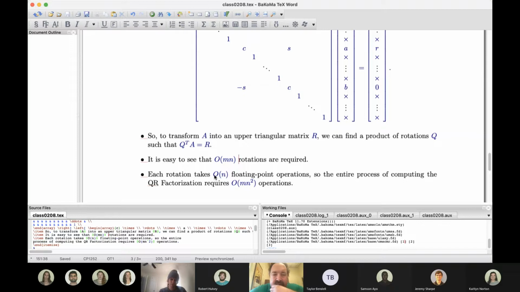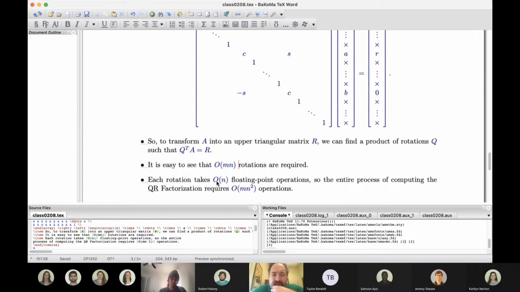Now, every time I perform a rotation, if I'm taking A and multiplying it by an orthogonal matrix like this one, a Givens rotation, I'm going to take two rows and rotate them. Each row has n elements because there are n columns. So each individual rotation takes this many floating point arithmetic operations.